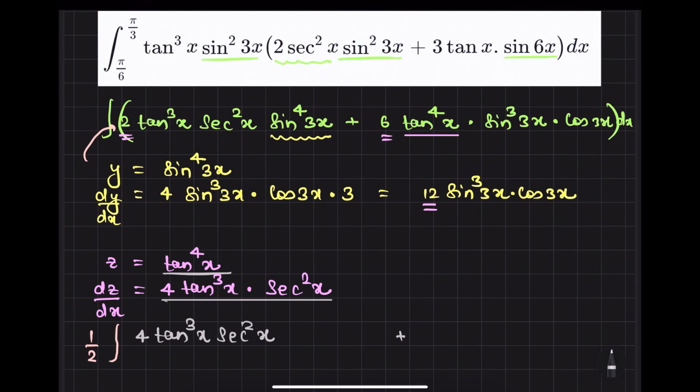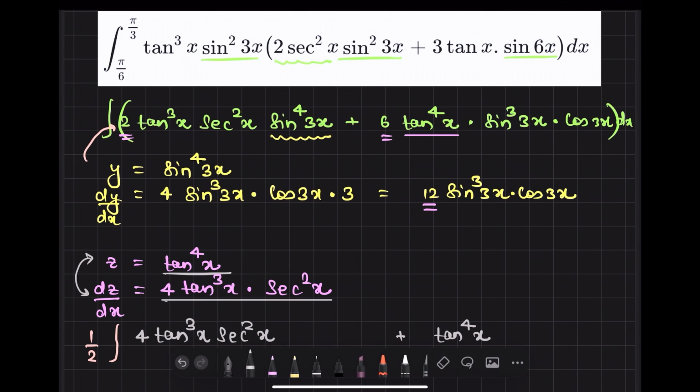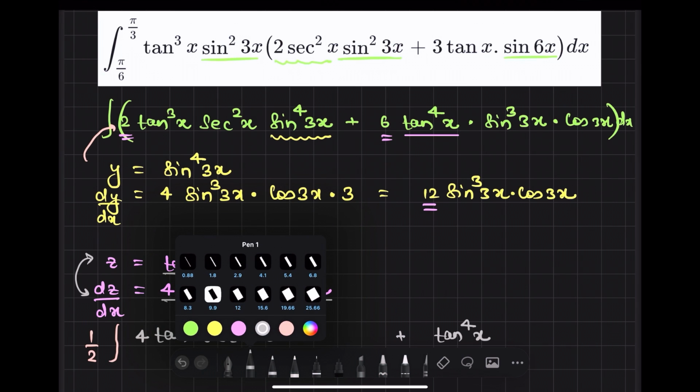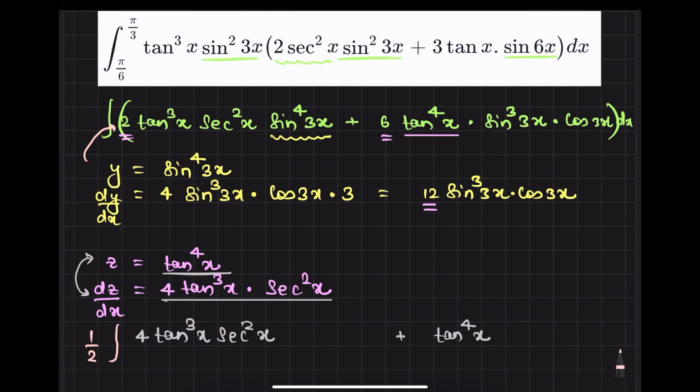So can I write tan power 4x with this color because these two things are interconnected. So I have used the same color for these two entities. I know it is bit tough, but you have to do it. Okay, and it is worth it.